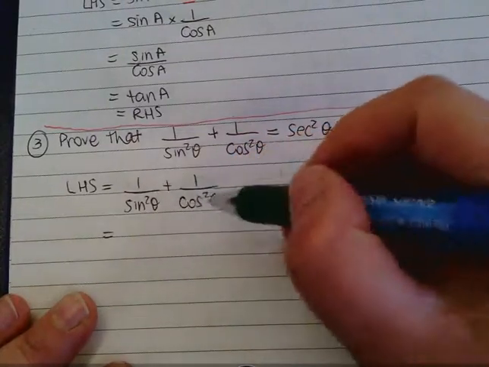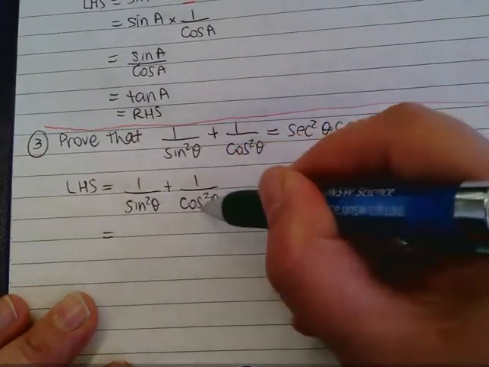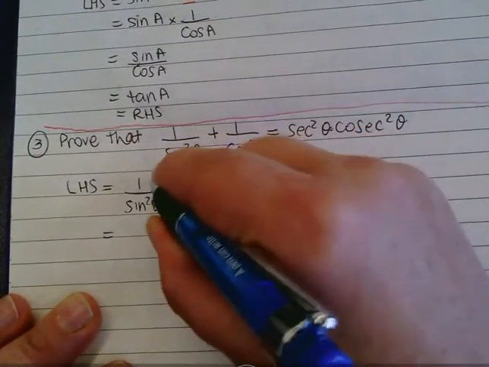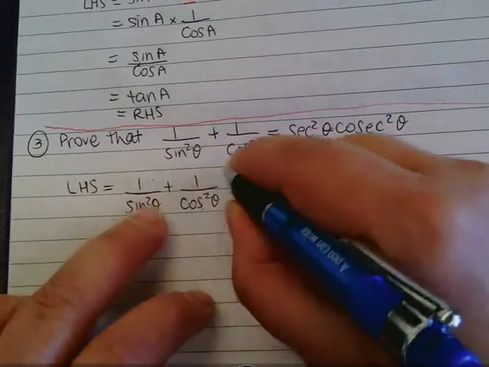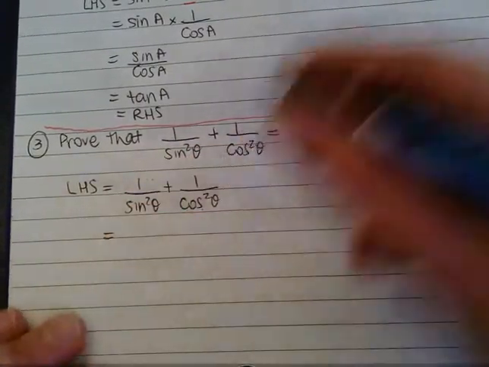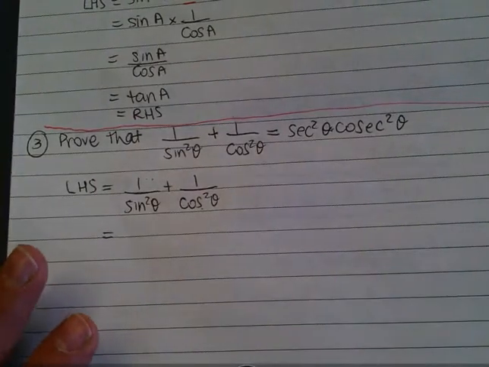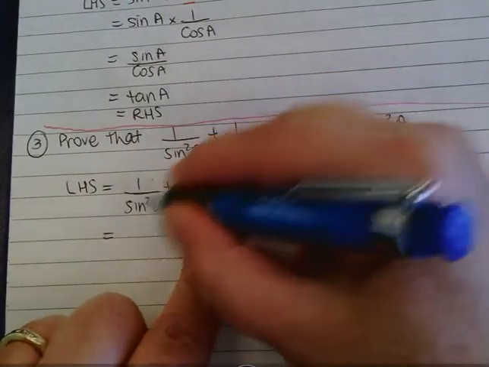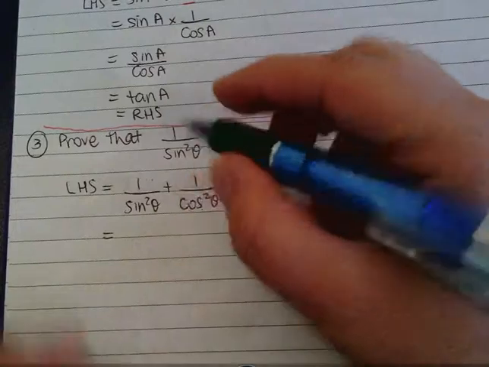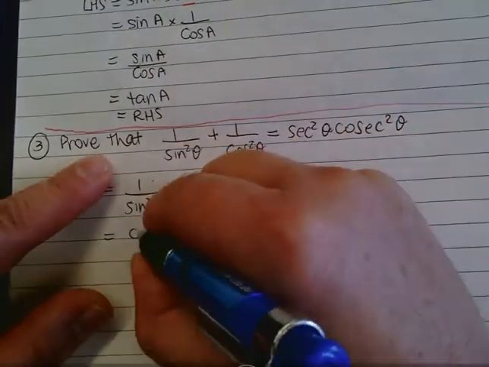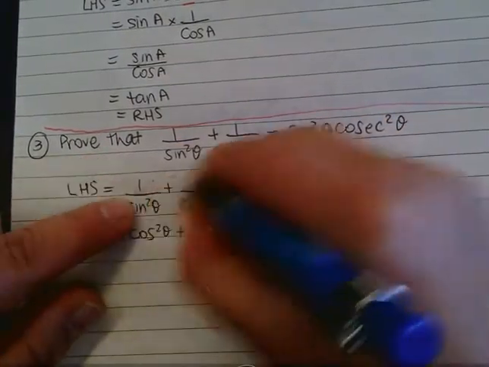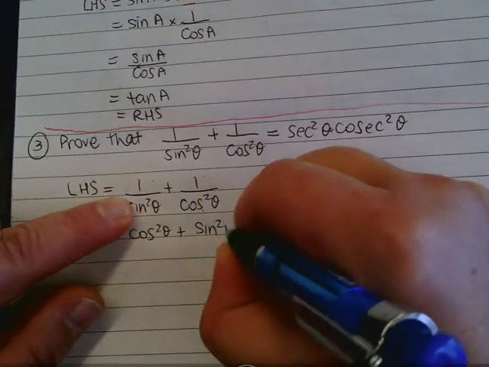So how are you going to do that? Don't you multiply this fraction by cos squared over cos squared, and this one will be multiplied by sine squared on sine squared. Are you okay with doing the quick method for common denominator? That times that, that times that, that times that. So when you multiply, what do you get? Cos squared theta. This fraction gets multiplied by sine squared theta.